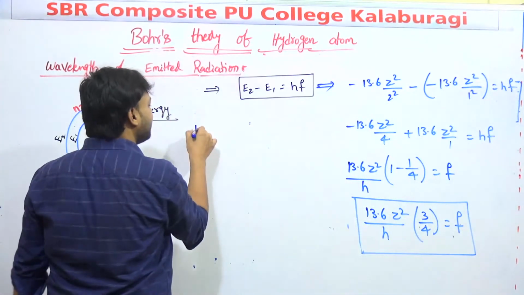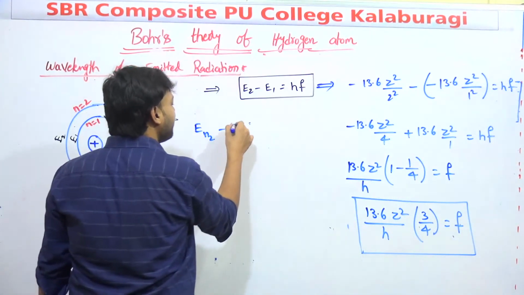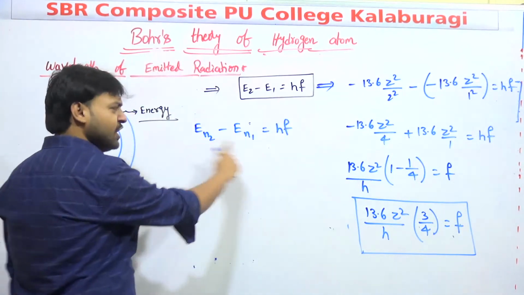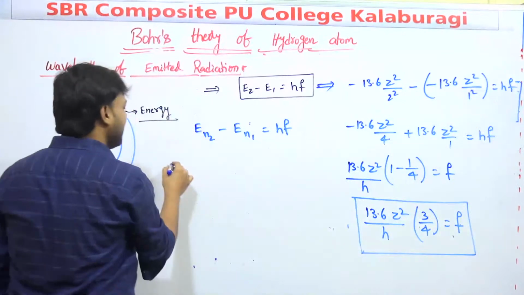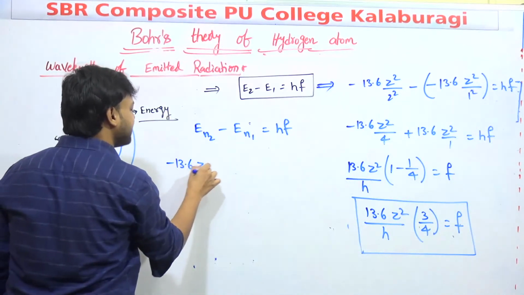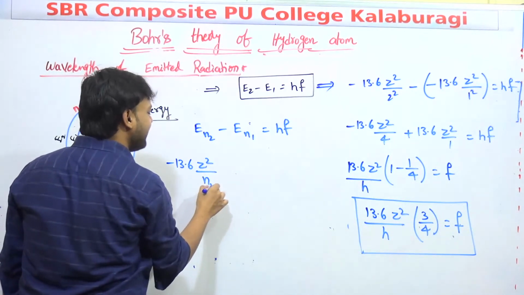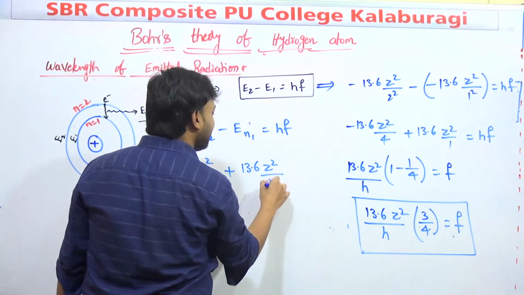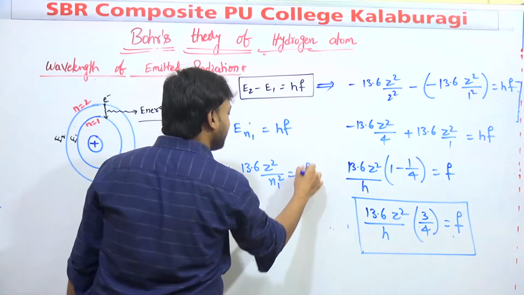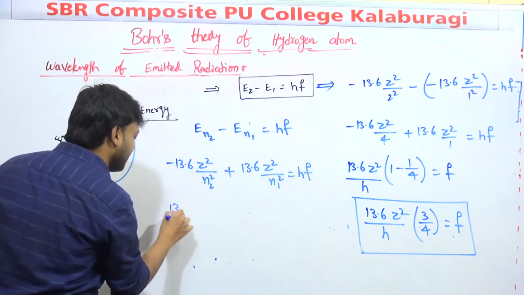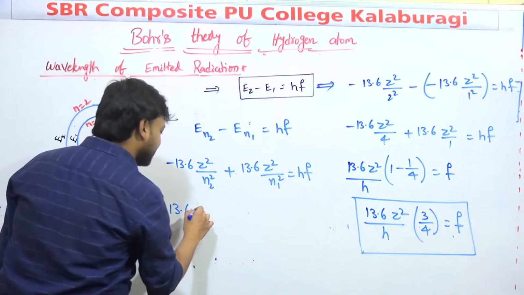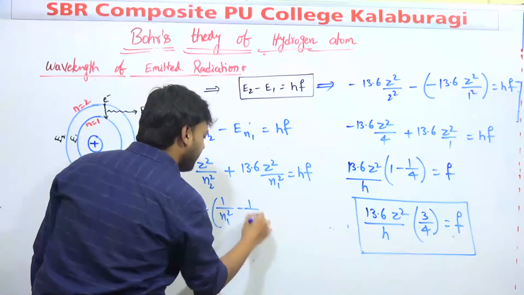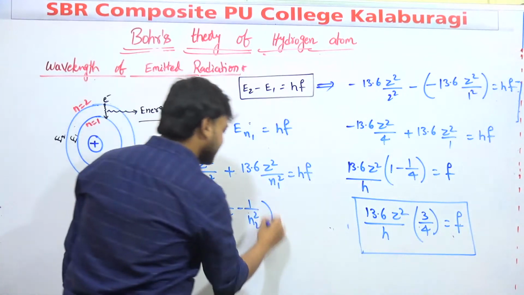Assume the energy from n2 to n1 is equal to hf. So I can write minus 13.6 Z square divided by n2 square, minus of minus, plus 13.6 Z square divided by n1 square, equal to hf. Taking 13.6 and Z square common, it is 1 by n1 square minus 1 by n2 square.